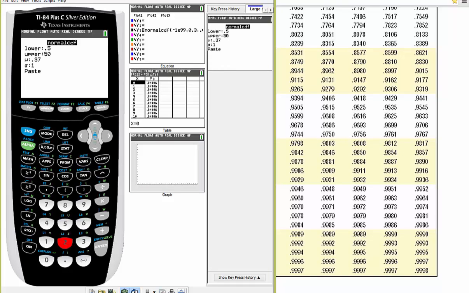If we do this on a calculator, we'll have the lower bound of 0.5, the upper bound of a very large number, 50, mean is 0.37, and standard deviation of 0.034, and we get an answer of stupidly small, 3 times 10 to the minus 5, which corresponds to being so unlikely that it's out of the table.